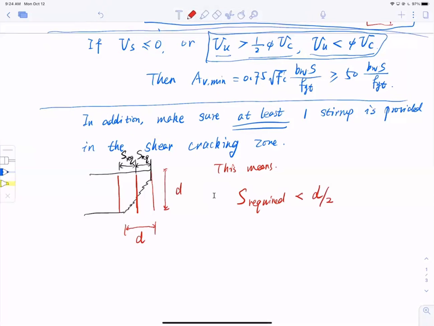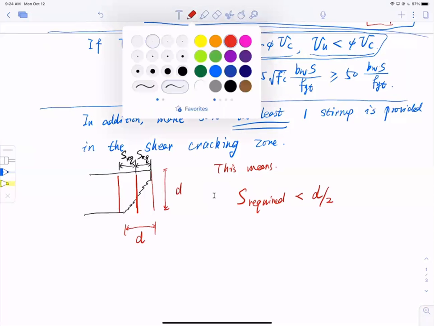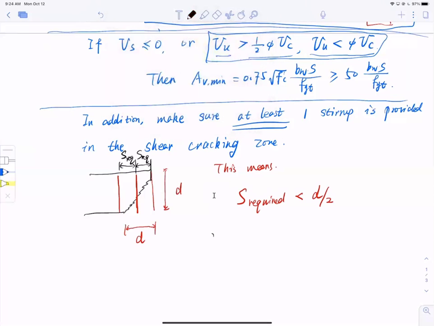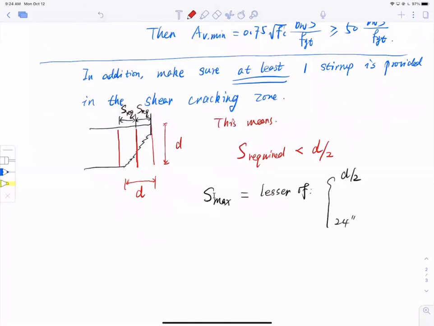So the maximum spacing S max has to be the lesser of two: half of the depth of the beam, or 24 inches. And this you can find from ACI 9.7.6.2.2.